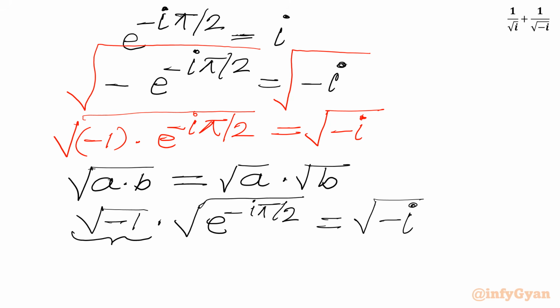Now this is the complex number i, and here I can write e^(-iπ/4) = √(-i).